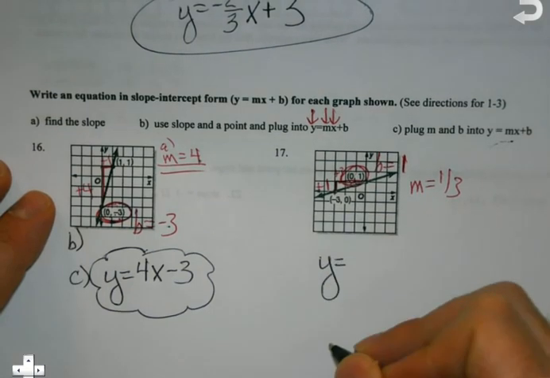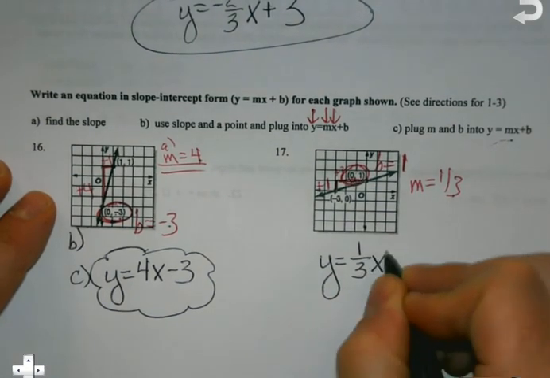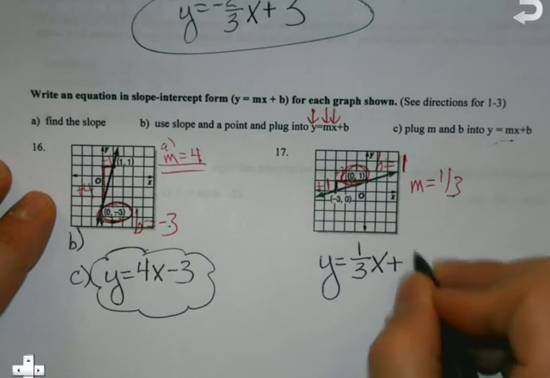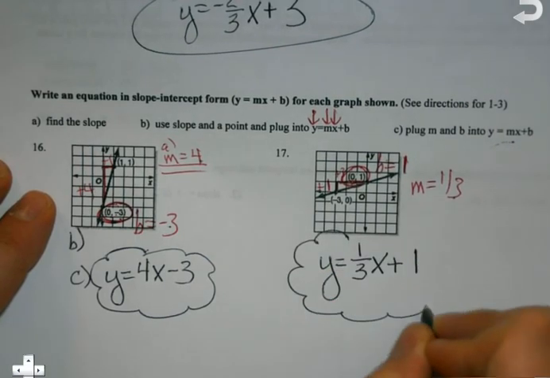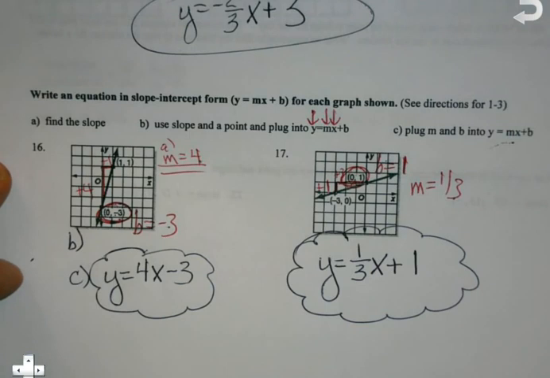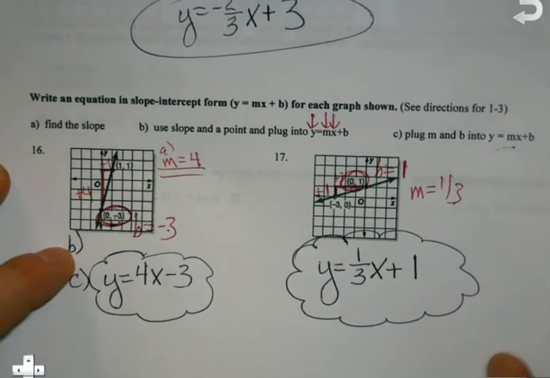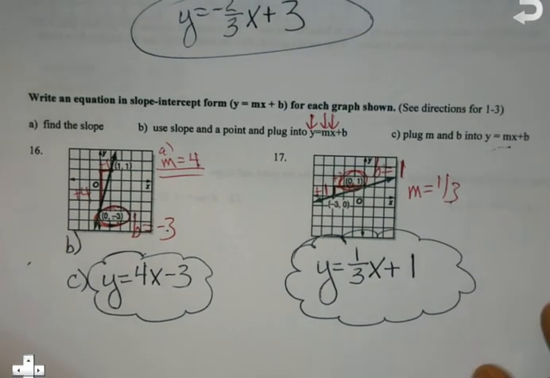Y equals 1/3 x plus b. I was going to say, you start to see a lot of things that kind of repeat. Different ways of saying it, but it's the same type of thing.